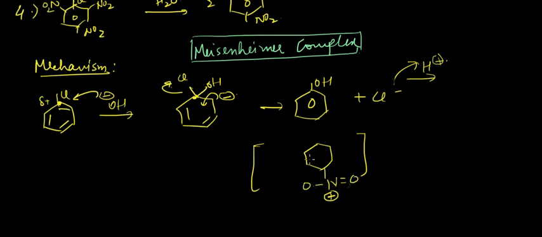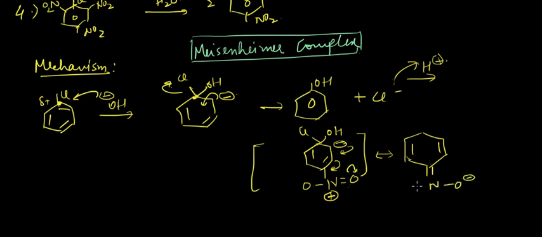Okay, and then we have something like Cl and OH attached here with a negative charge here, and so what will happen is this will go into something like this and form a compound like this with a double bond here, and obviously O will also take its negative charge here.